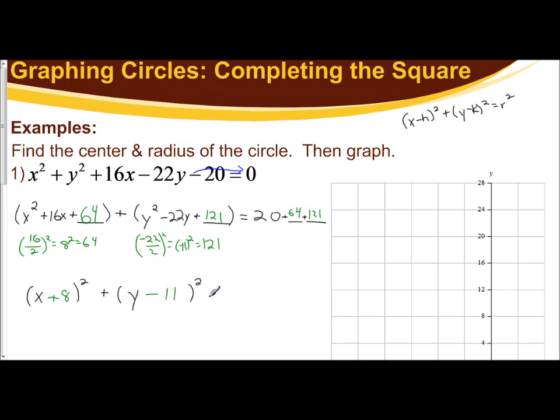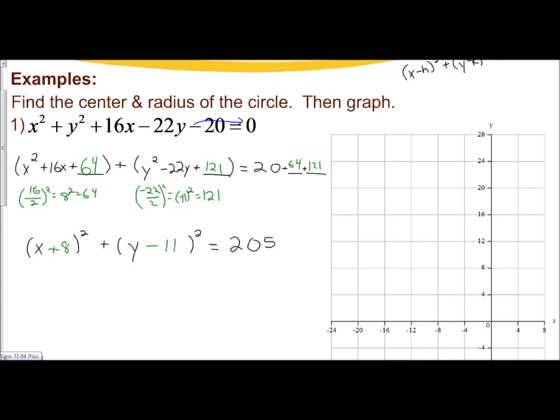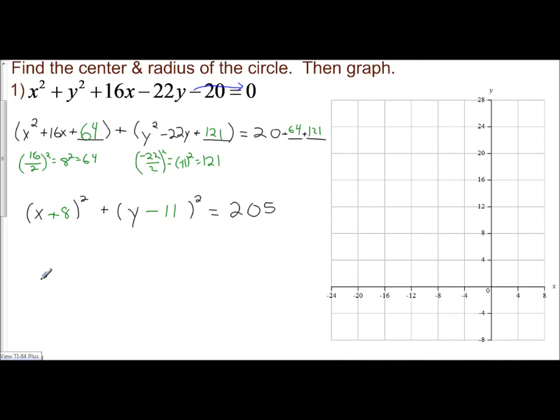And then when I add all of this together, I am going to get 205. And so there is my standard form. You complete the square with the x's, you complete the square with the y's, and you move your constants to the other side.